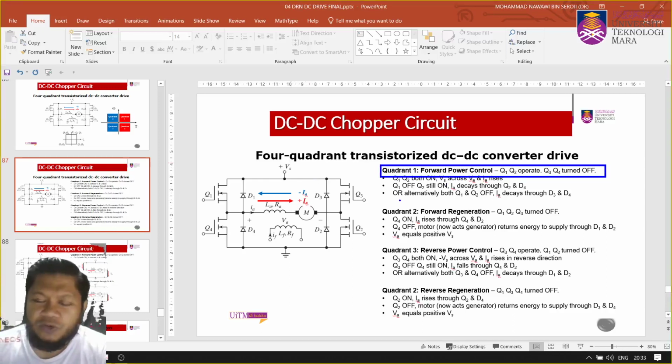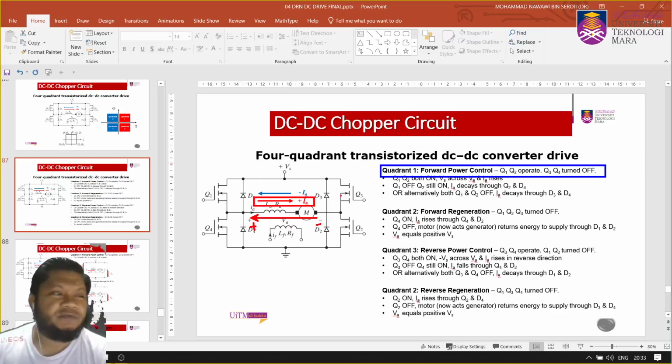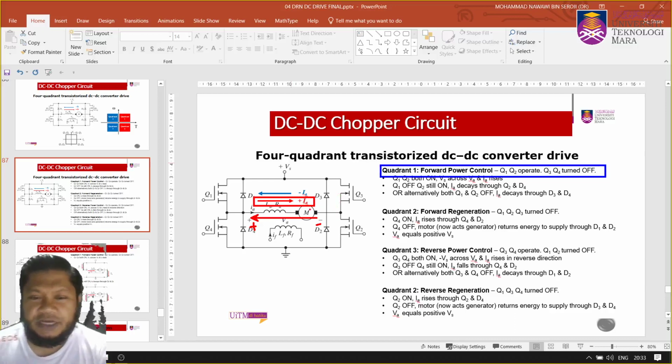For quadrant 1 operation, you're going to see that the voltage is positive, isn't it? So you see positive and negative across the motor VA, and you see the current flow in that direction, isn't it? Current will flow in that direction, IA, into the motor here.